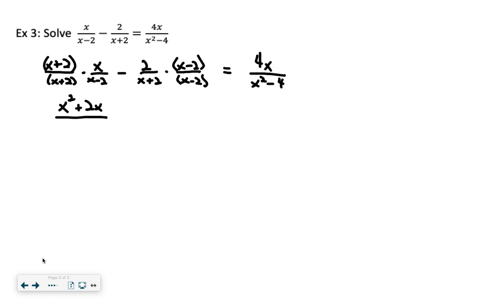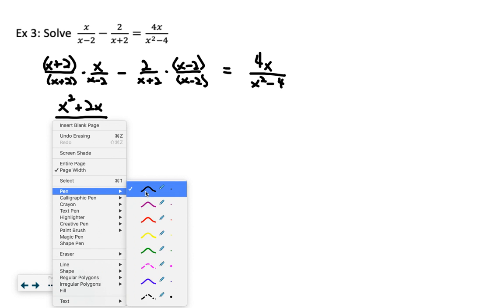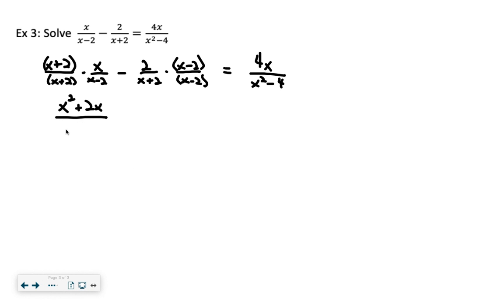X plus 2 times x minus 2, so x squared minus 2x plus 2x, so those would cancel, and minus 4, then minus, we'll have 2x minus 4 up here over x squared minus 4 equals 4x over x squared minus 4.